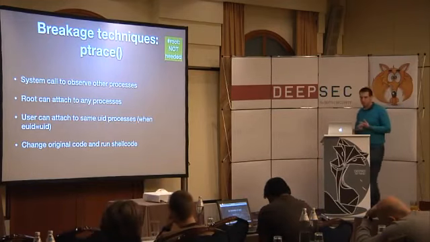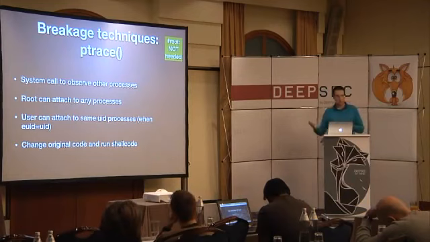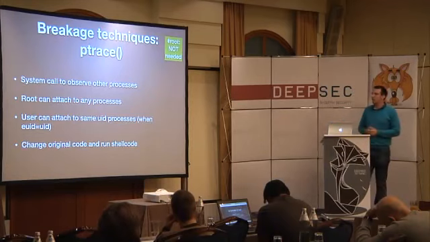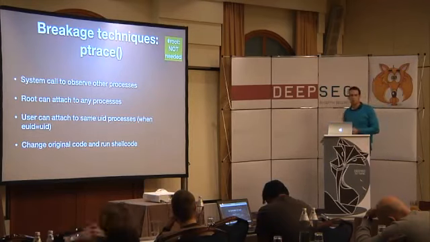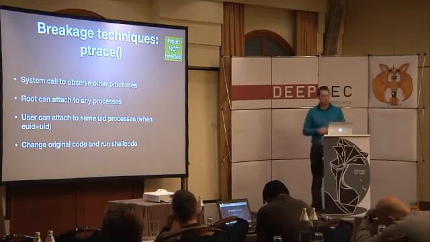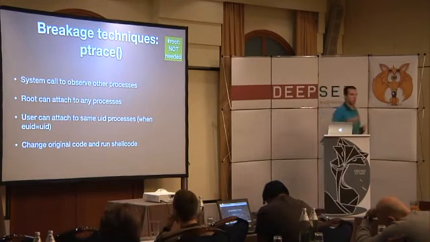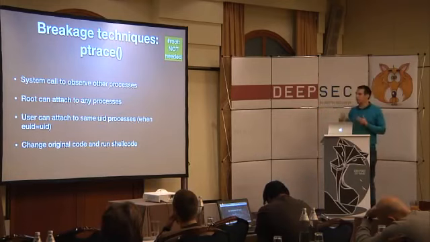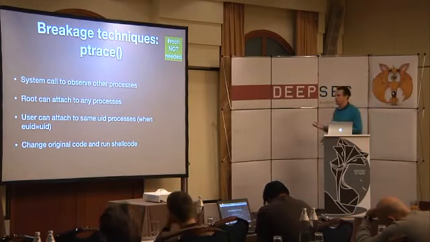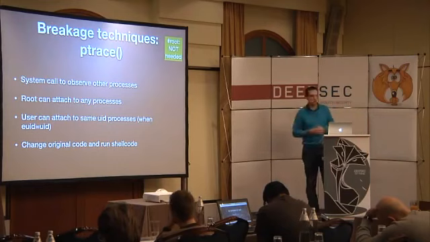So that way you can attach to a process, replace the running code with your shell code, and execute anything like what you want. Root can attach to any process on the system, and users can attach to those processes that have the same UID and effective UID.